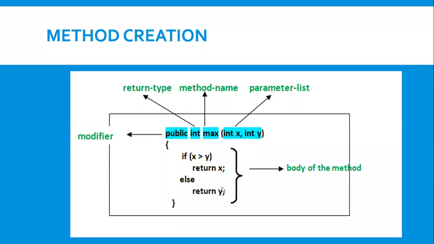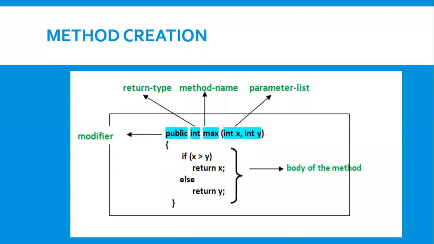Otherwise, you will return y. What is the type of x here? Int, right? So the method type should be int. Similarly, the name of the method and the parameters list. And the curly braces show the instructions to be executed with that method, which will be considered the body of the method.